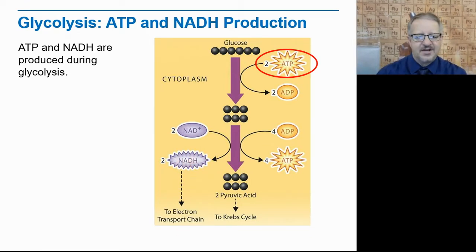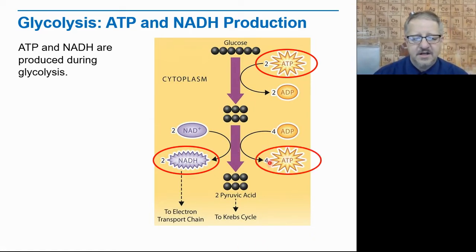And that NADH is going to eventually move on to the electron transport chain, which is stage 3 of cellular respiration. We also have some ADP getting involved right here, and that gives us 4 ATP.